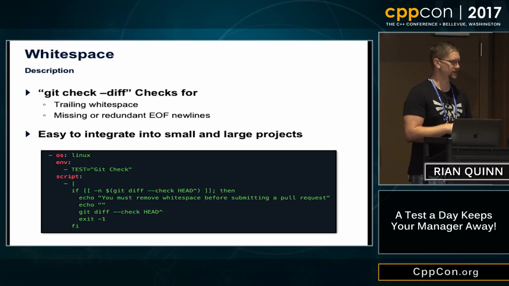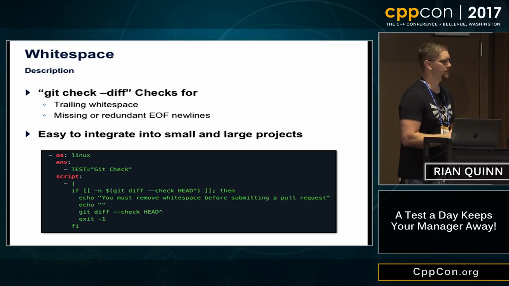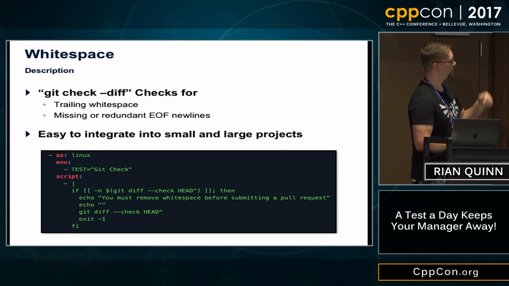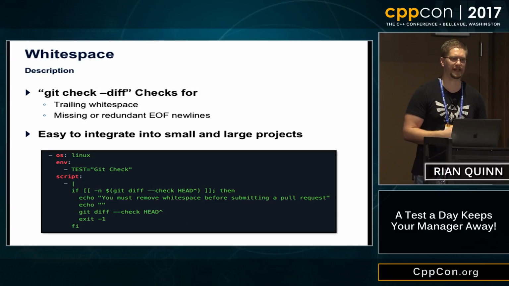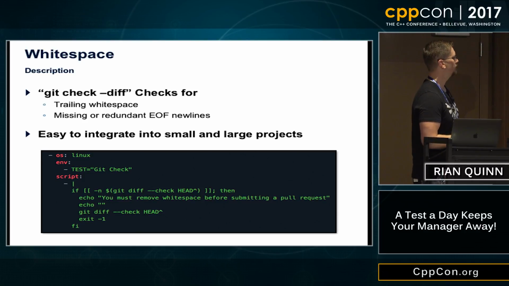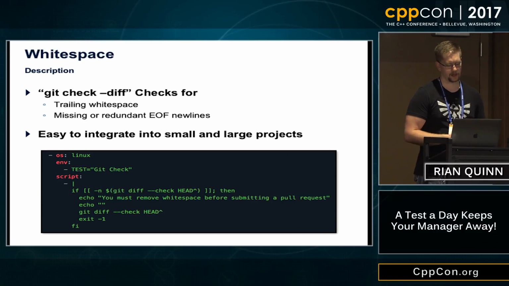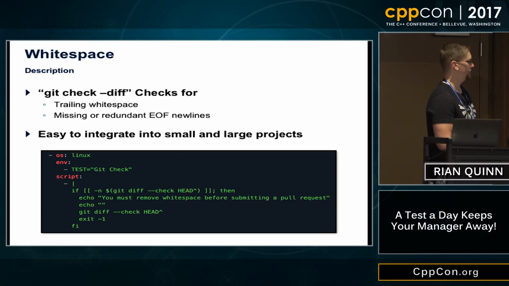So adding a simple test like this can help prevent that. In this particular case, we're using git diff --check. There's other tools that can do this too. This is just a really simple one. If you happen to be using Git, if you run this command, it'll tell you if you have trailing white space that's in your patch, or if you have missing or redundant end of file new lines. And in our Travis CI script, it's really simple.